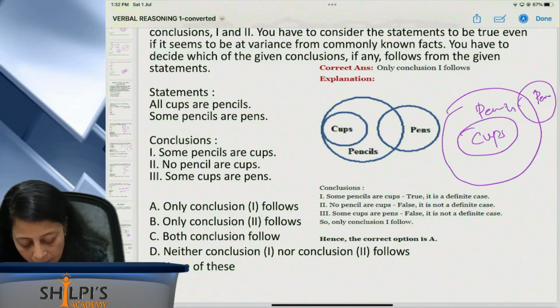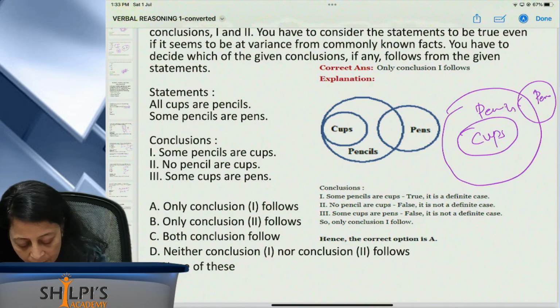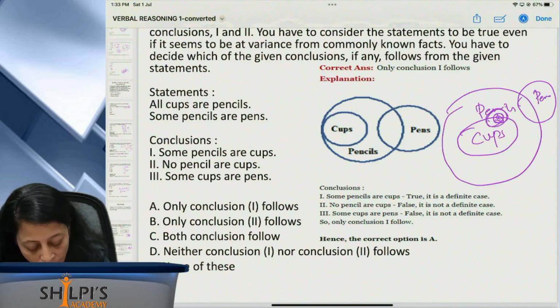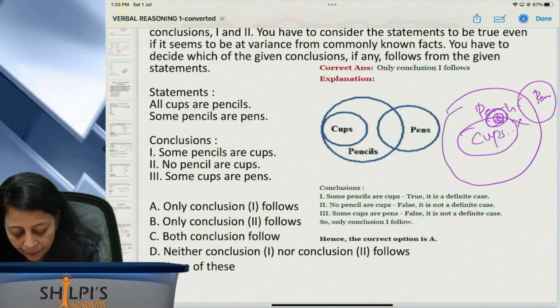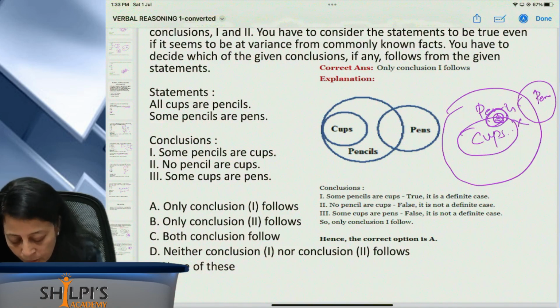Some pencils are cups because inside pencil some cup and some, so it is related. Okay, some pencils are cups. No pencils are cups? No, that is wrong. Some cups are pens. Cups are not pens. They are not related to each other. So it is only conclusion 1 that follows.